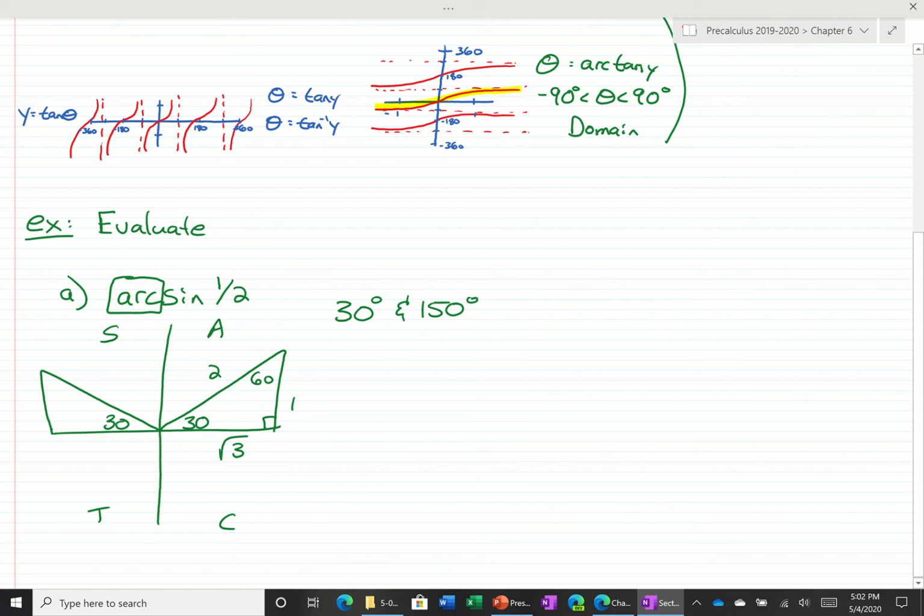So because that says arc, we're only looking for theta between -90 degrees and +90 degrees. So the only answer that we would take is 30. If you were to type into your calculator inverse sine of 0.5 in degree mode, your calculator would say 30 degrees because that's within the domain of the arc sine function.